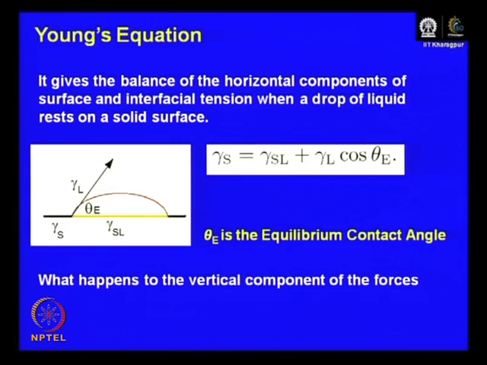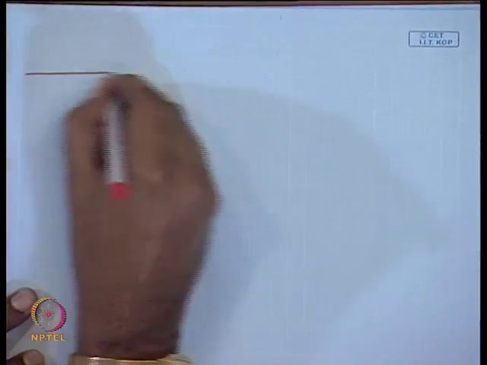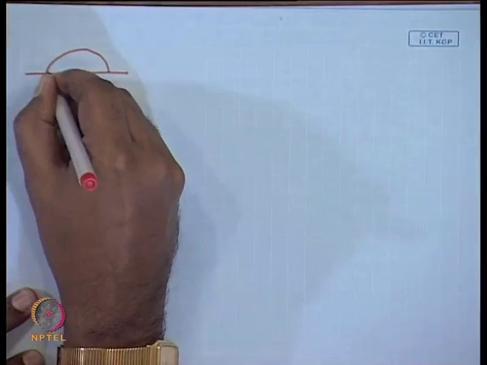Now, a keen listener would definitely think that we consider the horizontal component of surface tension, but what happens to the vertical component of surface tension? The force that is significant there is the gamma L sin theta E component. As you can see, the direction of this force would be acting outward.